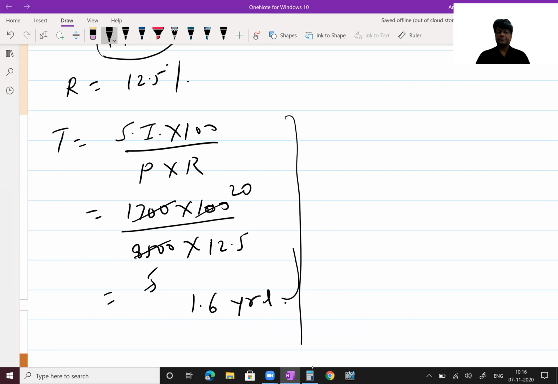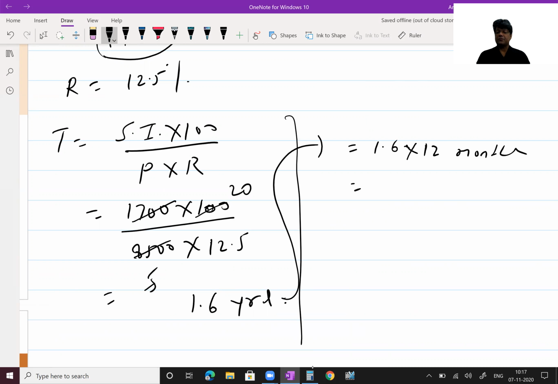1.6 years means what? 1.6 years, I can directly convert into months. How? This is equal to 1.6 years into 12, converted to months.